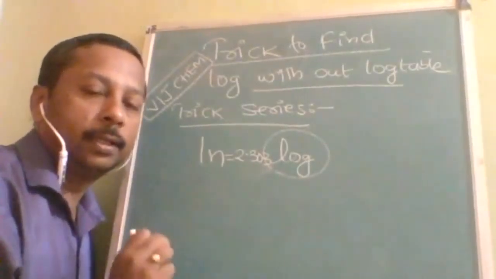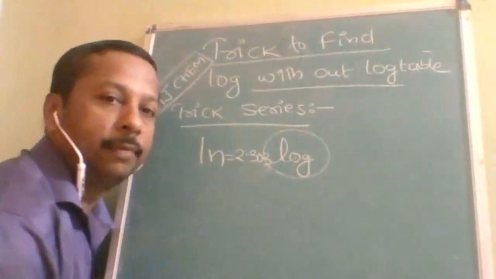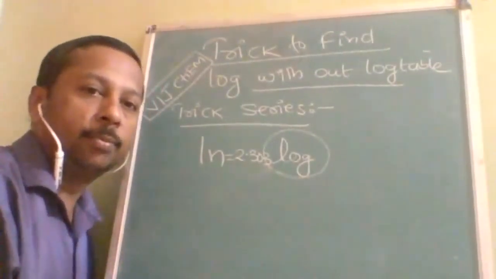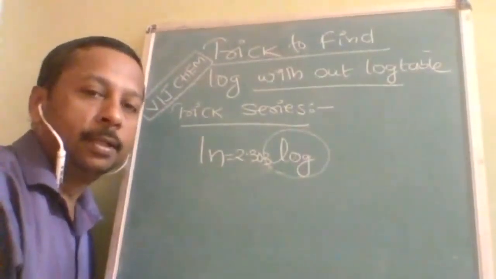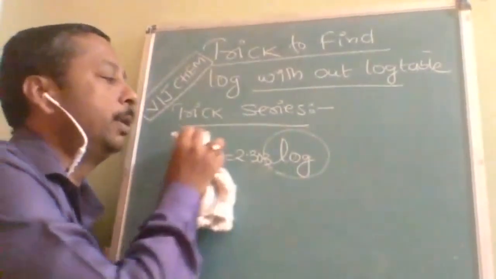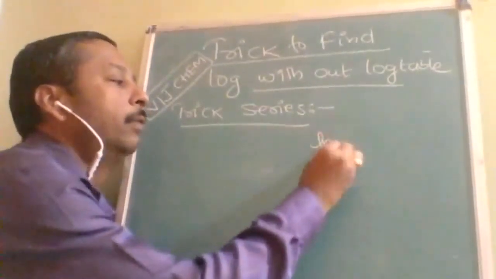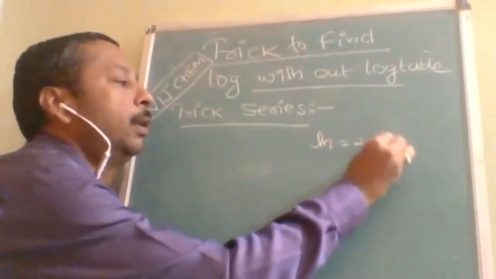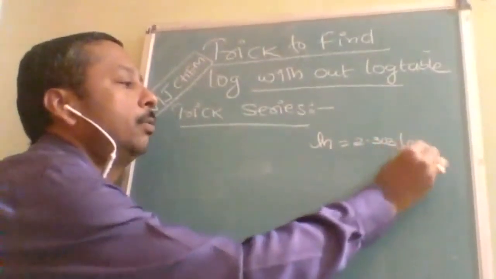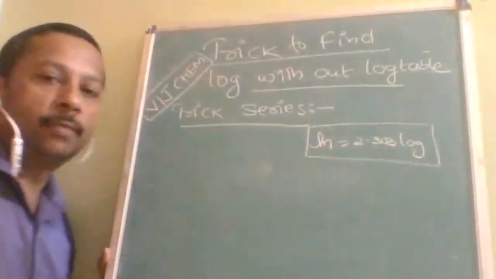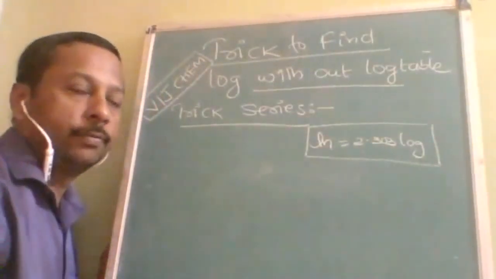I think this is very important and required also. Even though most students must be knowing, I will explain right from the basics. So the first thing is, when you have ln, you have to multiply with 2.303 to convert into log. This is one simple basic formula.